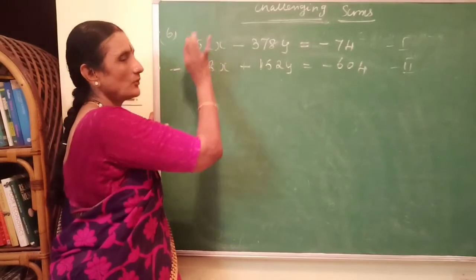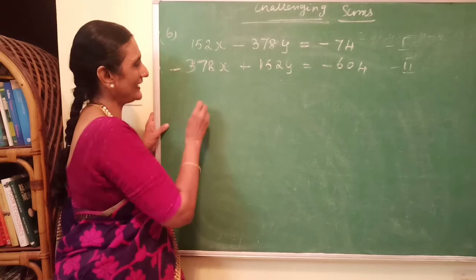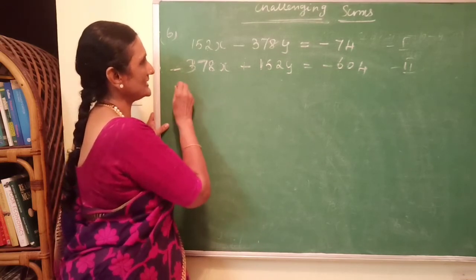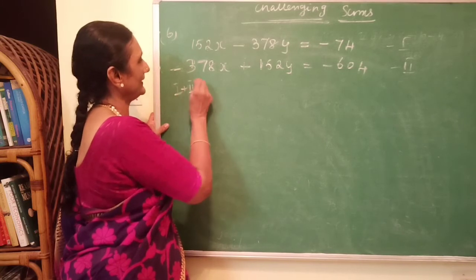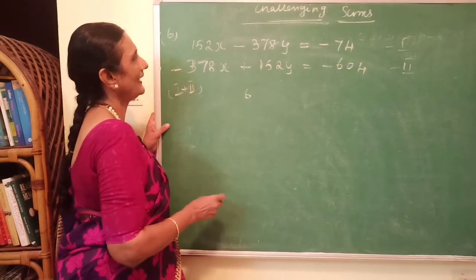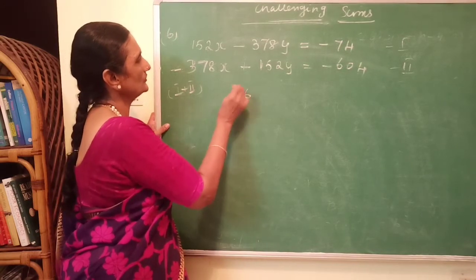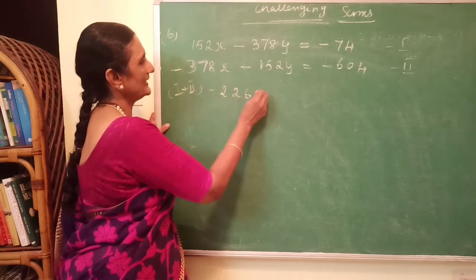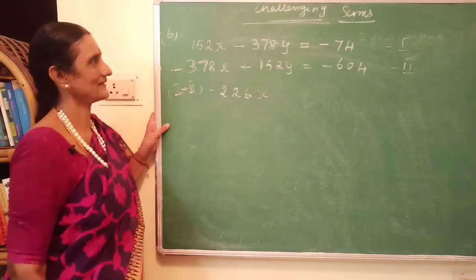Now just add both the equations. What will you get? You will get 152 plus 378, which is minus 226x.